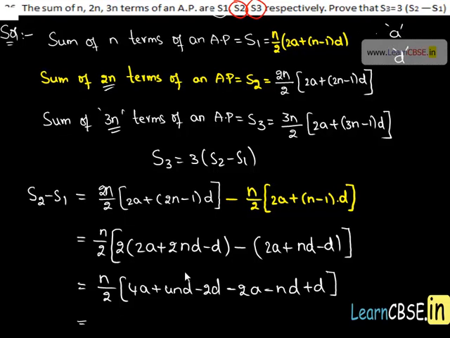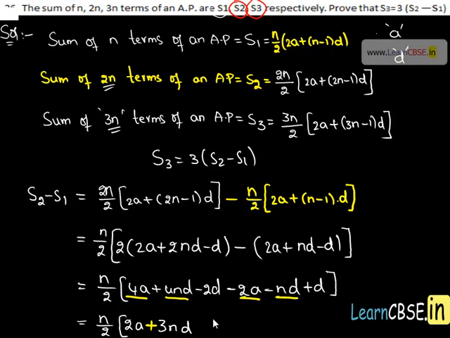Let us simplify this expression. We have n upon 2 times. Inside the bracket, we have 4a minus 2a, which is equal to 2a. Similarly, we have 4nd minus nd. They are like terms. 4nd minus nd is 3 times nd.